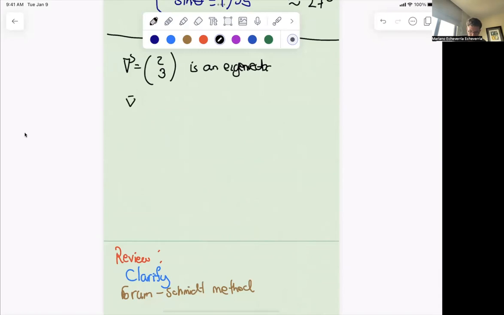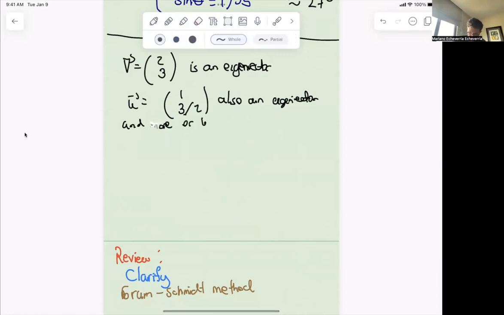So let's say we divide by 2: (1, 3/2). Sorry, (1, 3/2) is also an eigenvector, and more or less any non-zero multiple, right? Actually, any non-zero multiple.